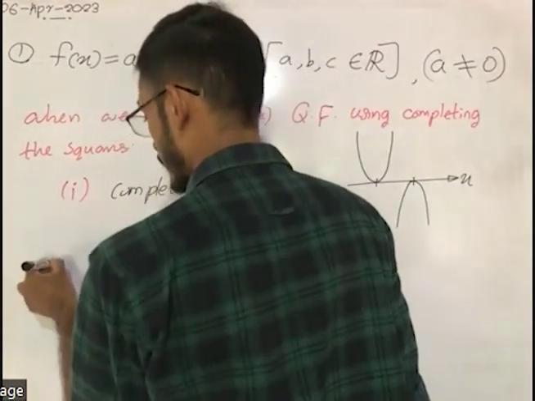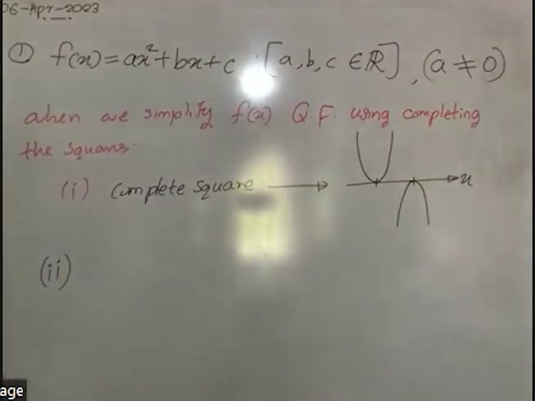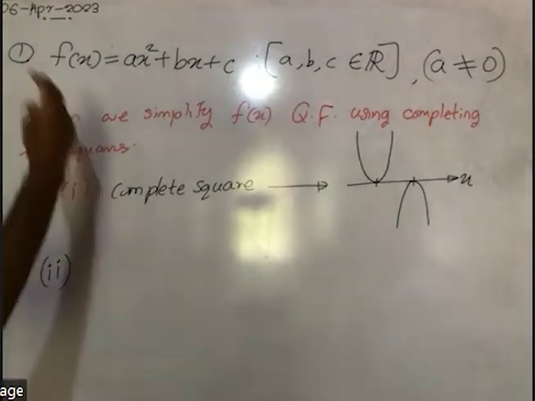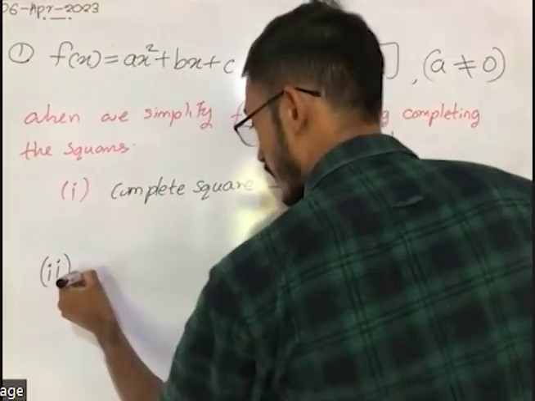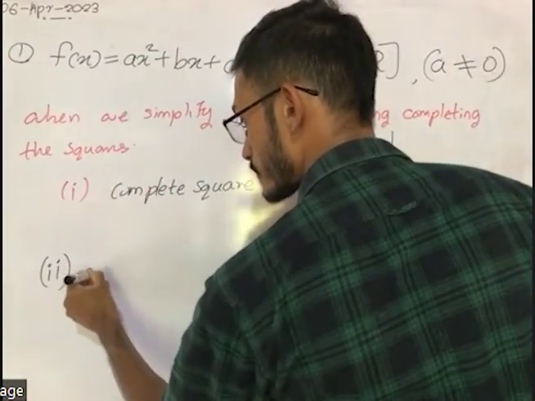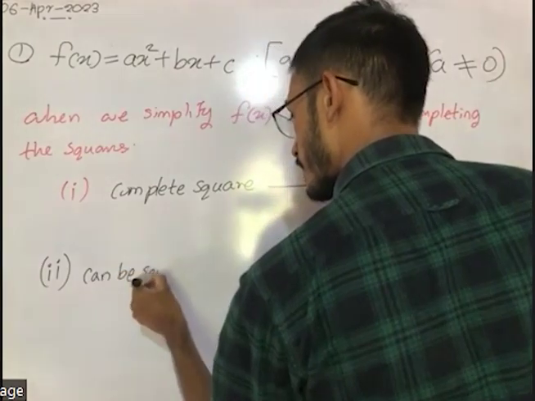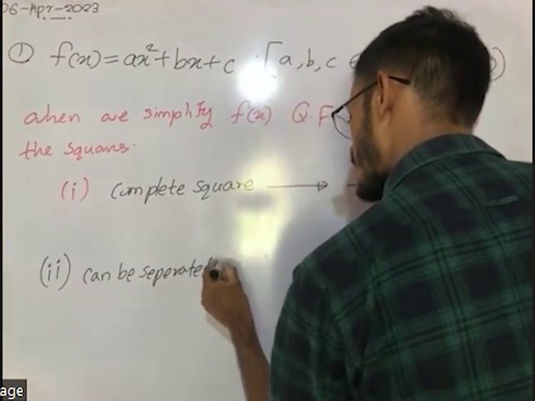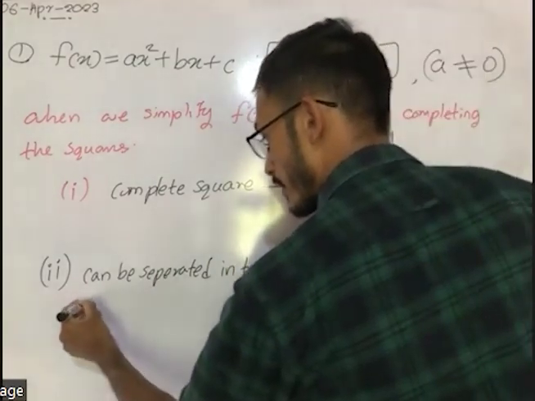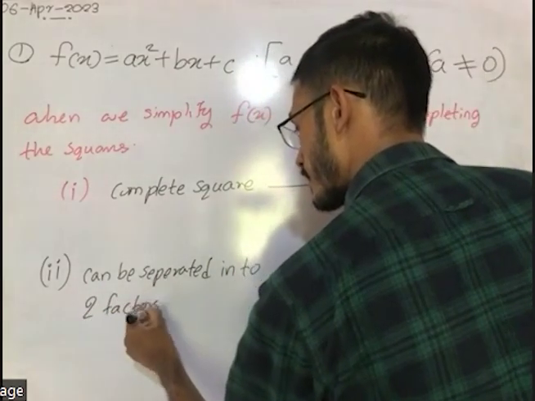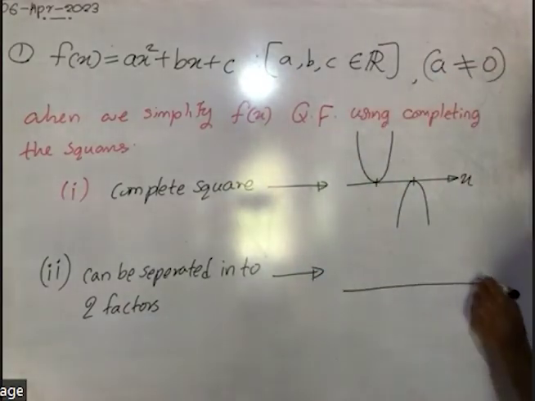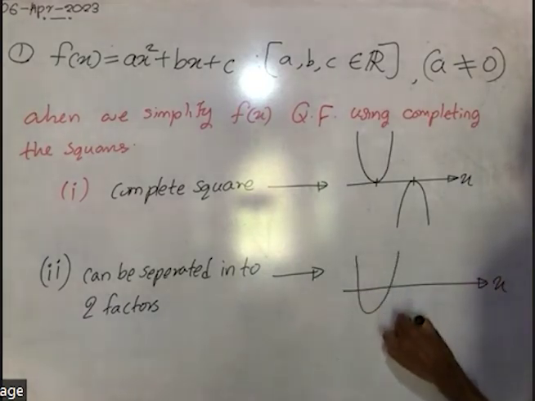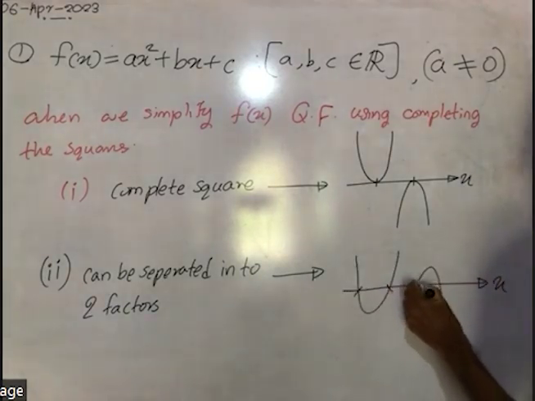Right? Secondly, when you simplify this using the completing square method, if this has 2 factors, or if this can be separated into two factors using difference of two squares, then the graph or the function will intersect the x-axis like this, with a minimum or a maximum, right?